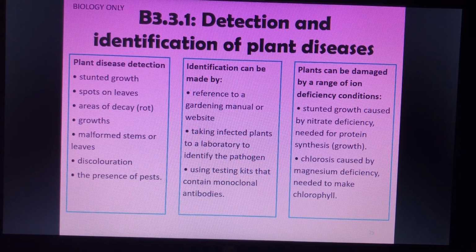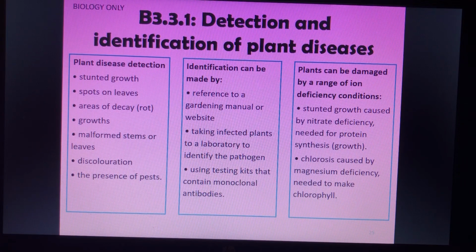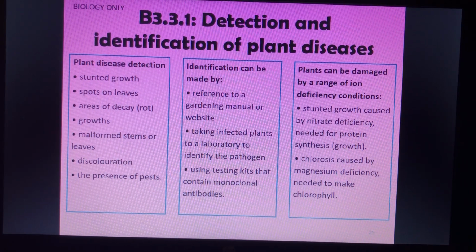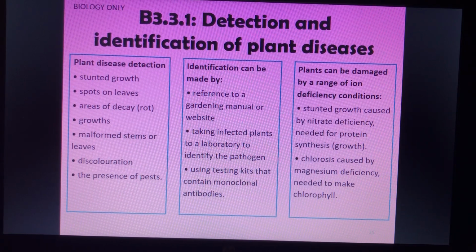The plant may be suffering from yellow leaves. This is a lack of magnesium, which creates the chlorophyll, and we call this chlorosis of the plant. So it doesn't have enough magnesium to make the chlorophyll needed for photosynthesis.